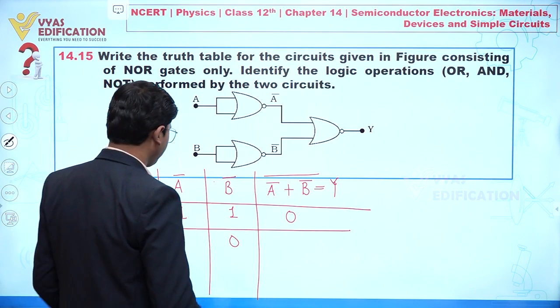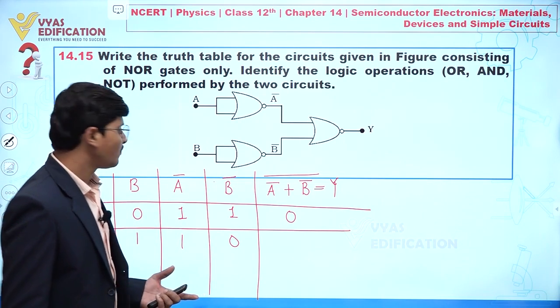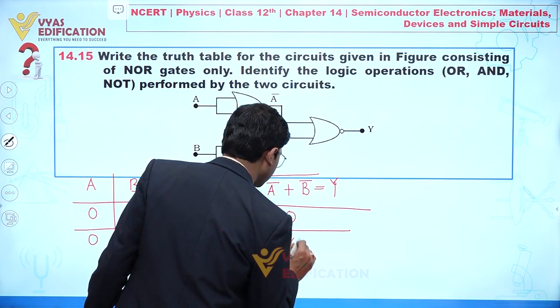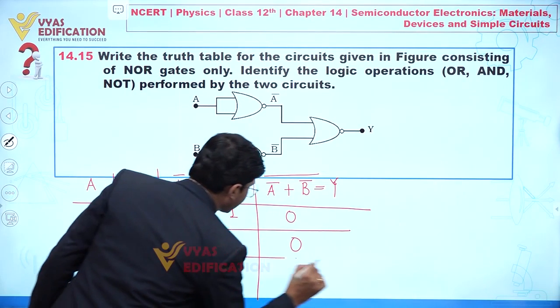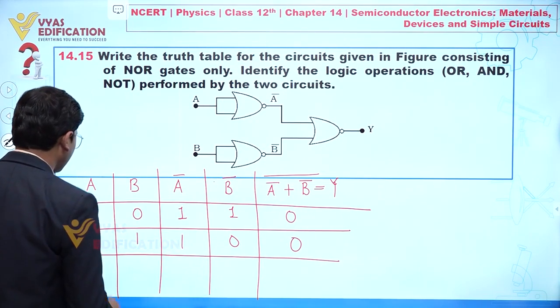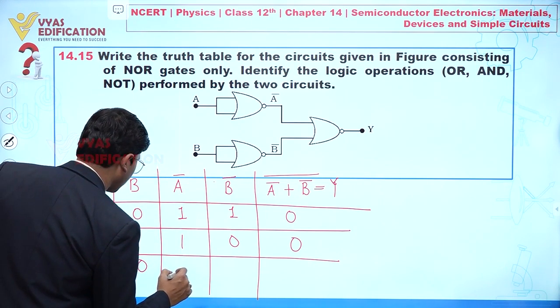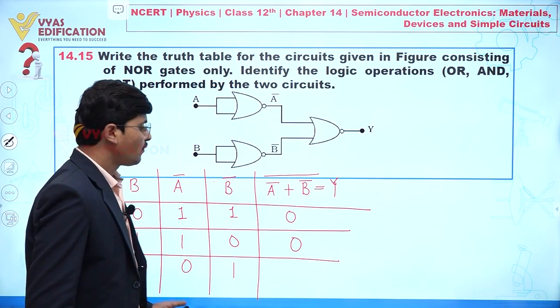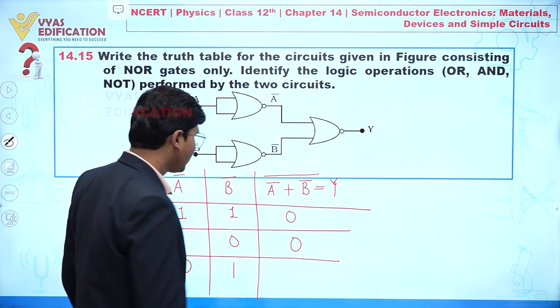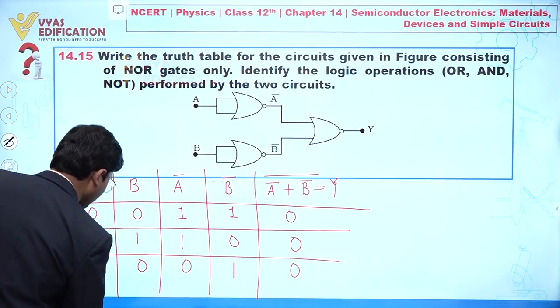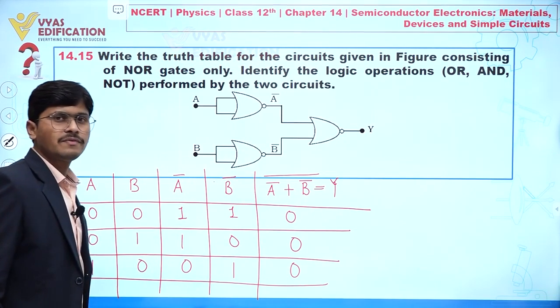And 1 or 0 is 1, and this is NOT, so this is 0. Now if I write 1 and 0 as my input, this is 0 and this one is 1. 1 or 0 is 1, and this is NOT, so this one is 0.